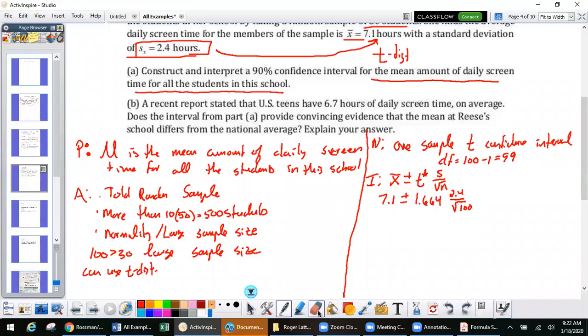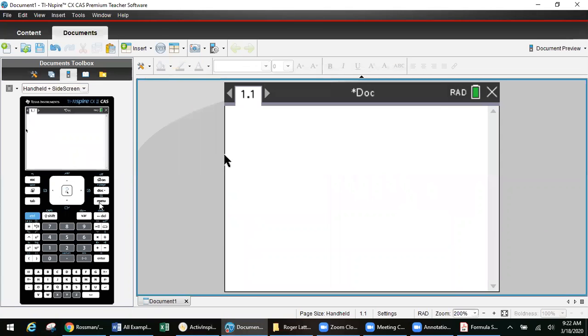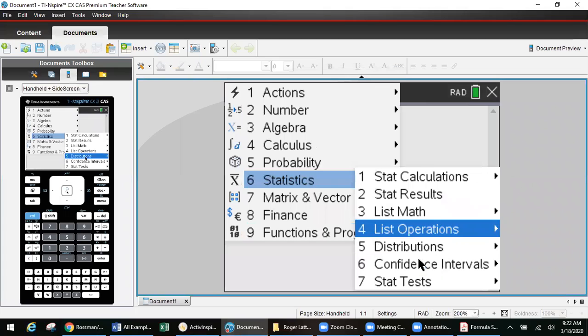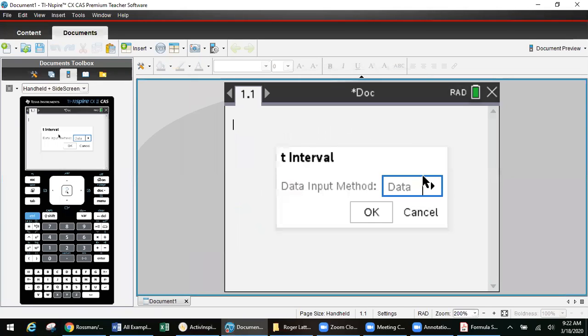Okay, I can go and run this in the calculator as well. Let me show you what that would look like. Menu, stat, confidence interval, and we can see a t interval right there. Now it's going to ask you, do you have data or stats? In this case, we only have the stats. We have the mean and the standard deviation.